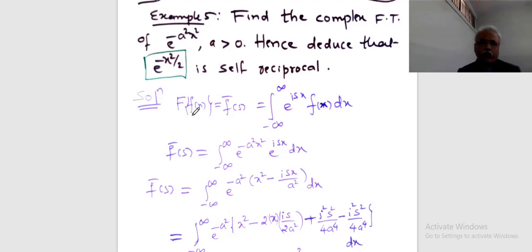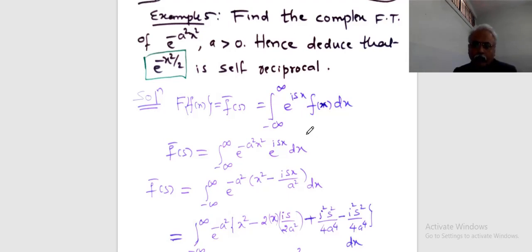First, the Fourier transform definition: minus to plus infinity e raised to isx f of x dx. Now f of x is given as e raised to minus a square x square. Substitute here. I will take e raised to minus a square common.